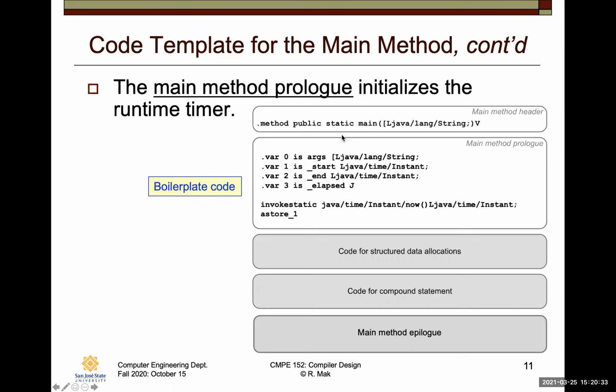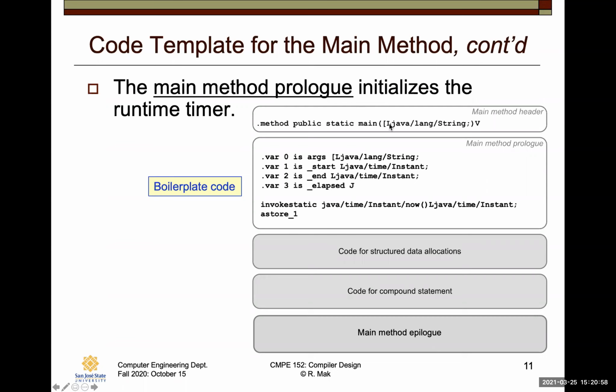Dot method, public static main, okay? This is a one-dimensional array of strings. So when you're programming in C or C++, you have a character array there to pick up the values of the command line options, and that's what this is.